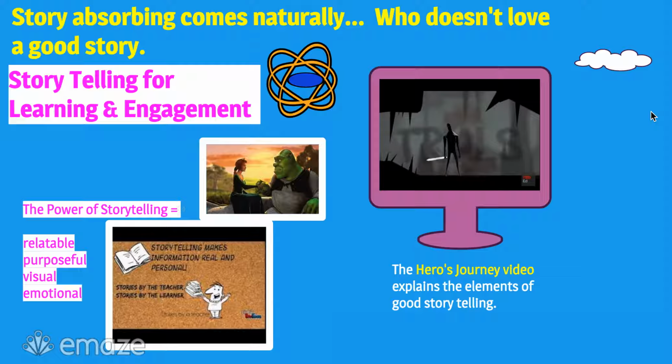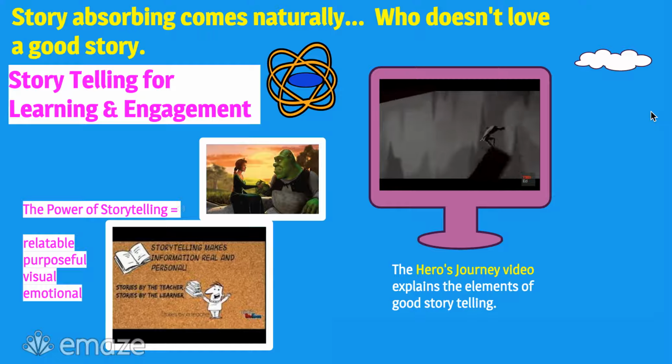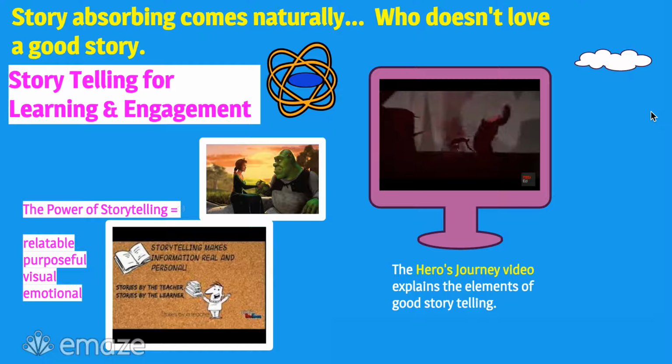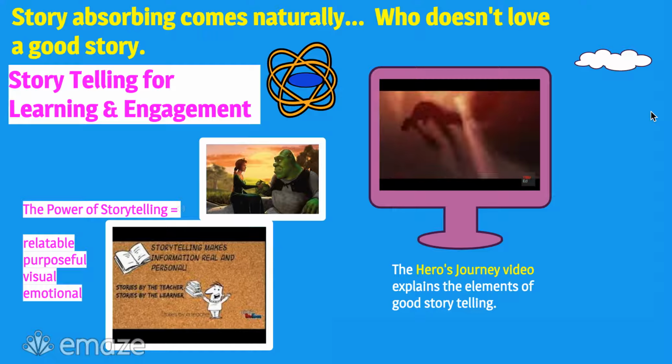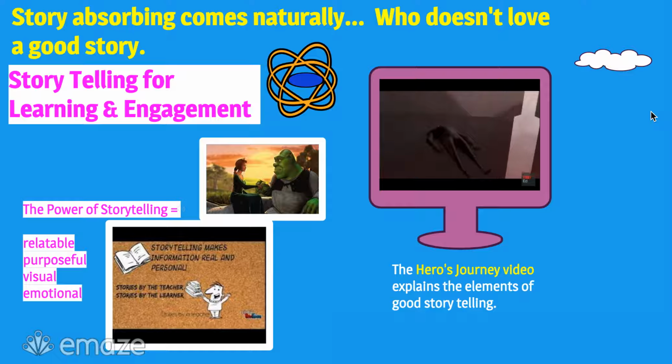4 o'clock, trials. Being a hero is hard work. Our hero solves a riddle, slays a monster, escapes from a trap. 5 o'clock, approach. It's time to face the biggest ordeal, the hero's worst fear. 6 o'clock, crisis. This is the hero's darkest hour.